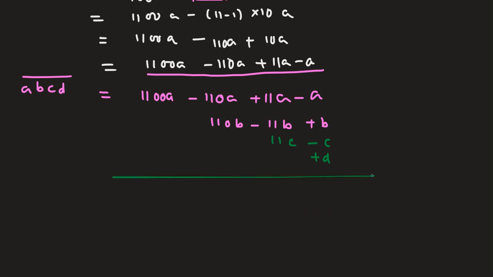So now if we add, what are we getting? A, B, C, D, just represented in terms of 11, so it will be 11 times 100A minus, from here if you take, it will be 100A.